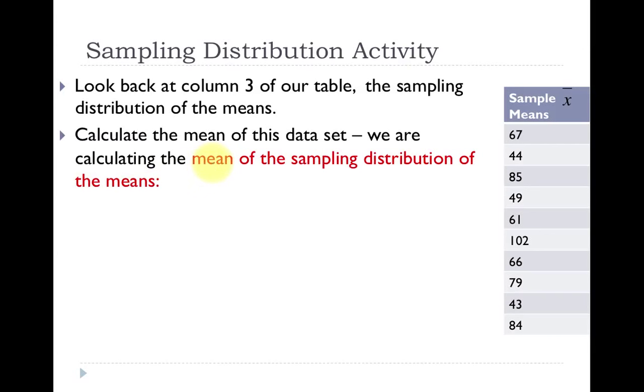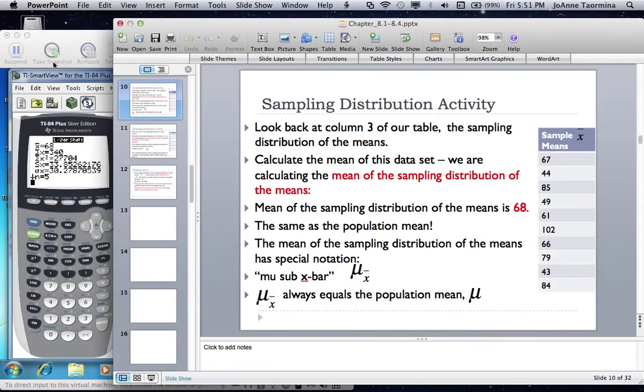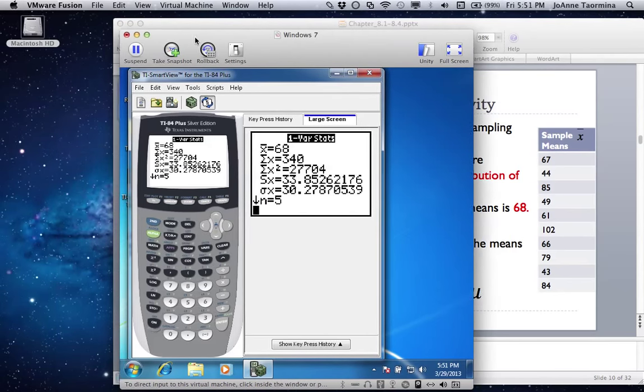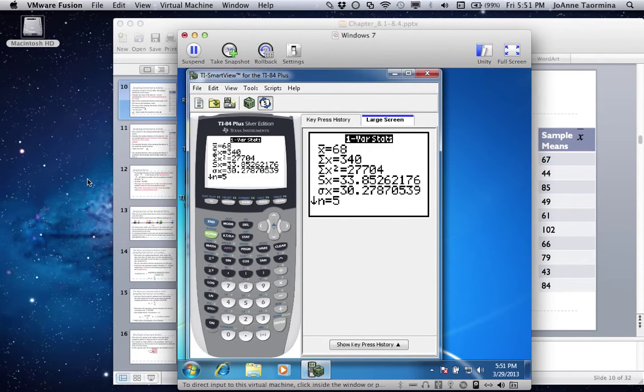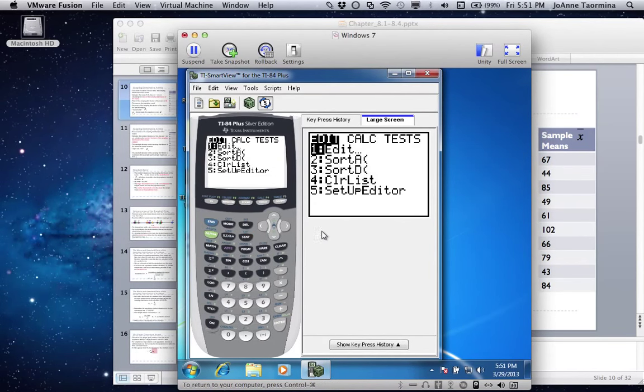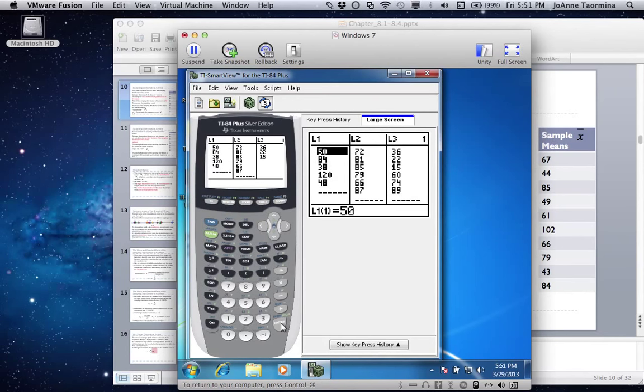Basically add them all up and divide by the total of this collection of numbers in column 3, the sampling distribution of the means. So if we go to our calculator, I'm going to put into L2 all the possible sample means.